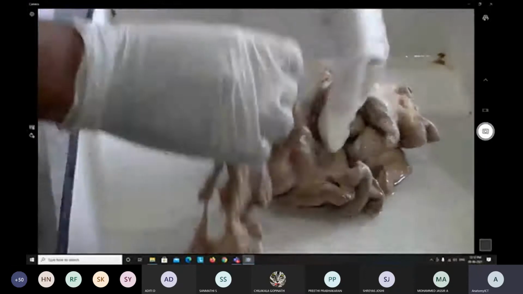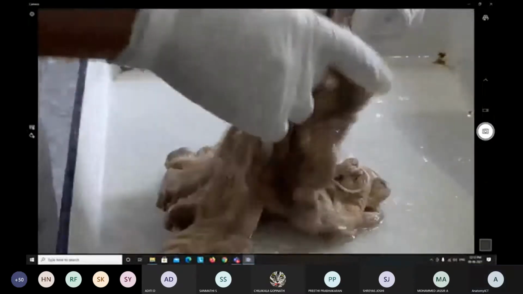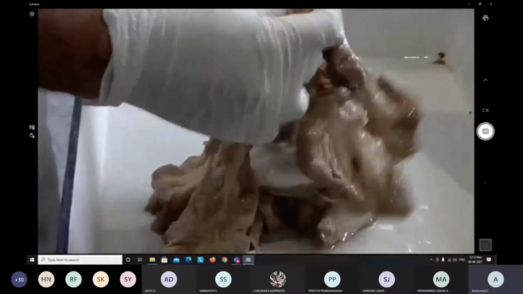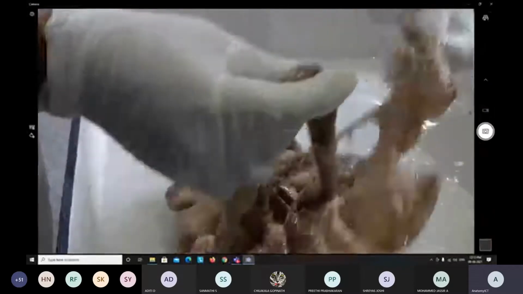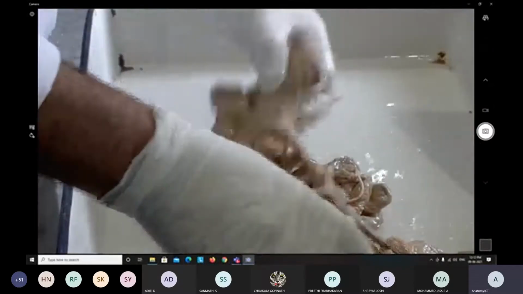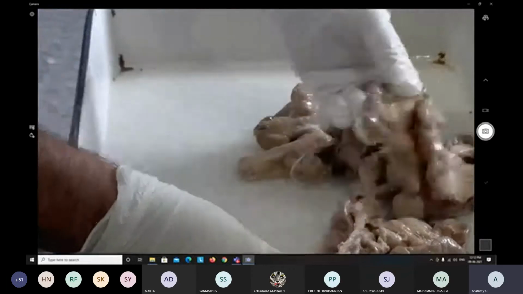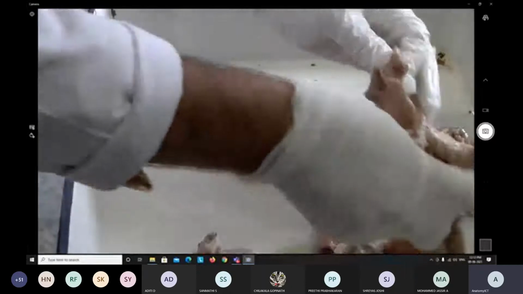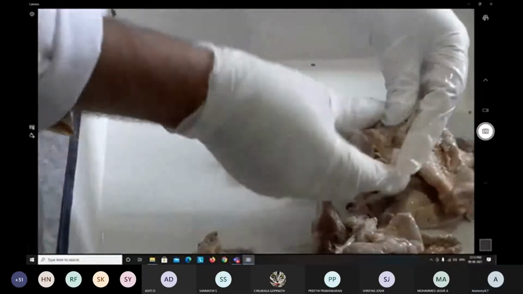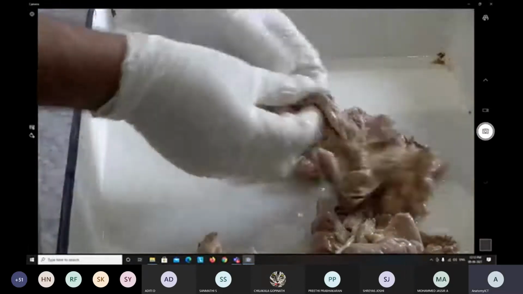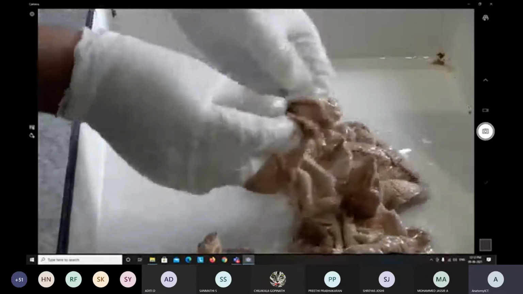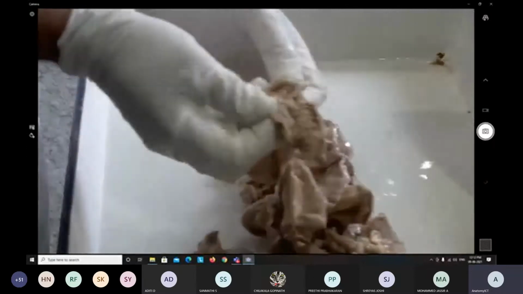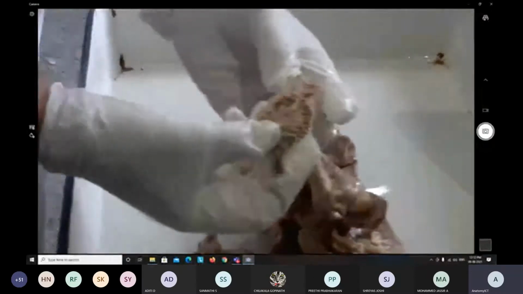Then the second part we used to call jejunum. And this is the third part we used to call ileum. So like that, we have divided the small intestine into three major parts, right? So that is duodenum, jejunum, ileum.